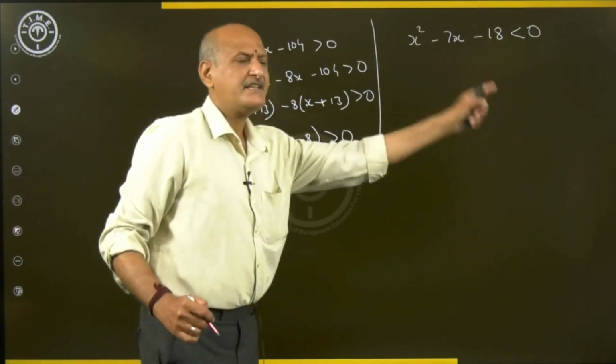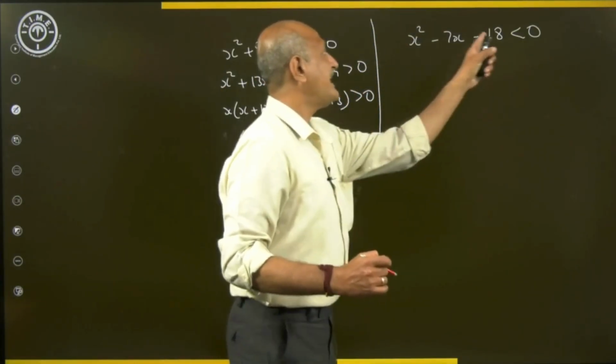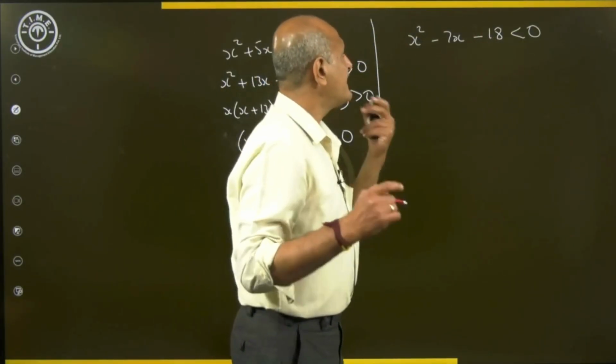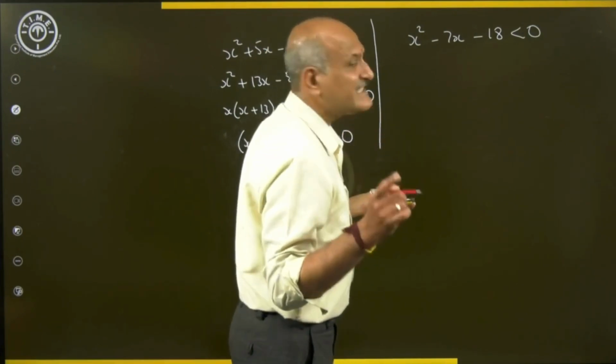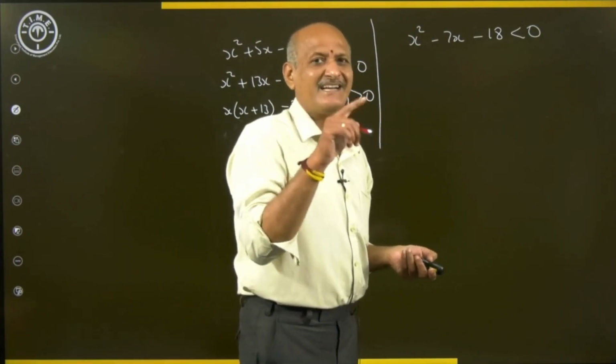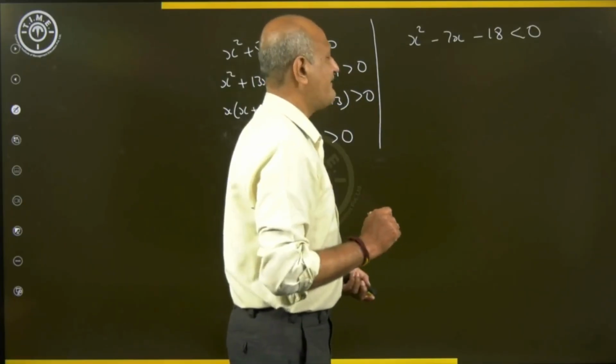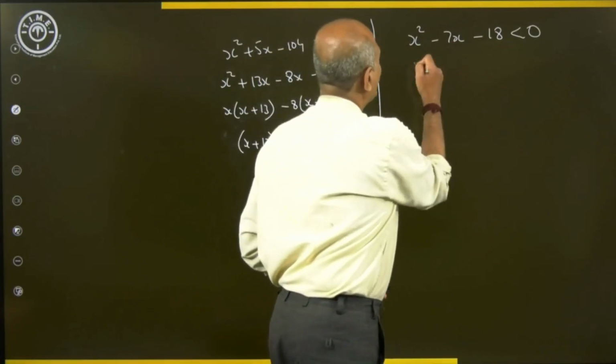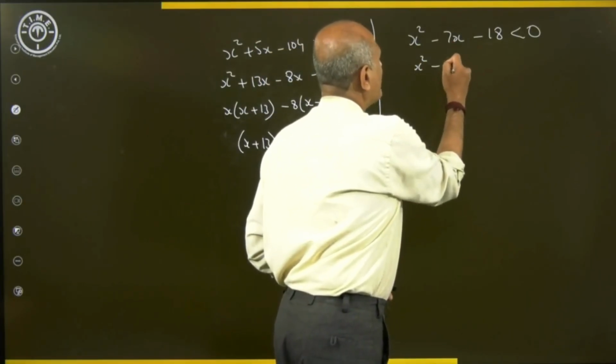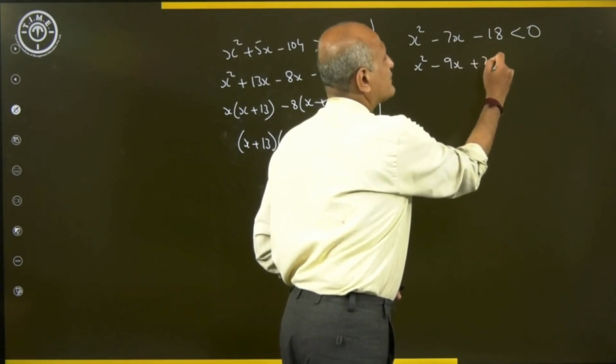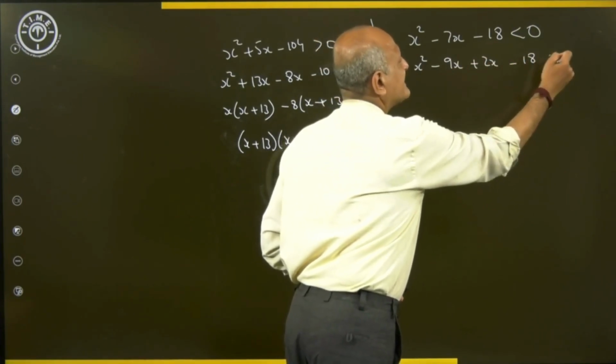In the same way, let's factorize the other one. For 18, 2 nines are 18, and 9 minus 2 is equal to 7. So we write x square minus 9x plus 2x minus 18 is less than 0.